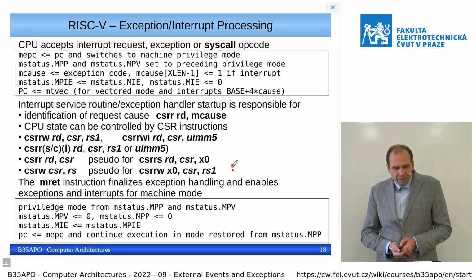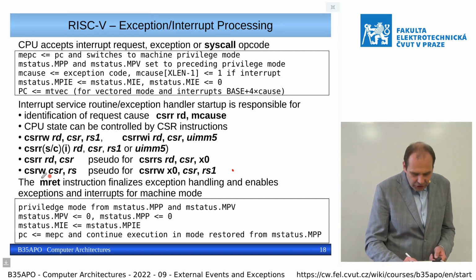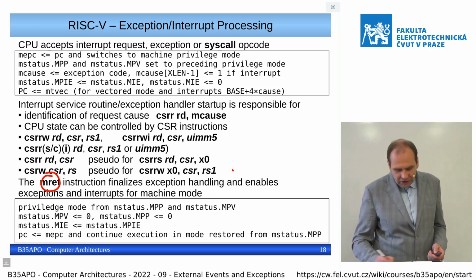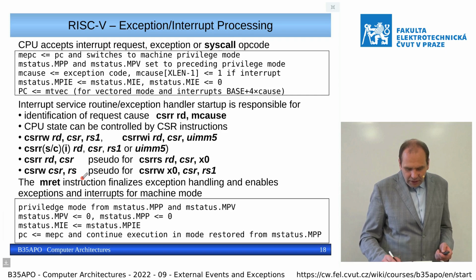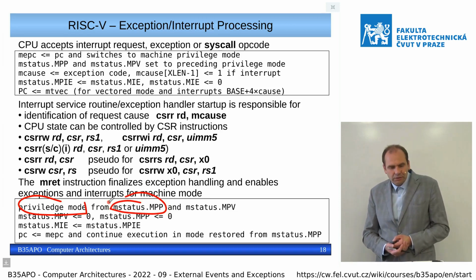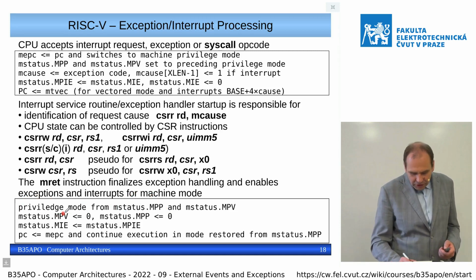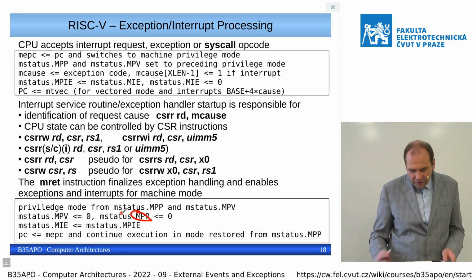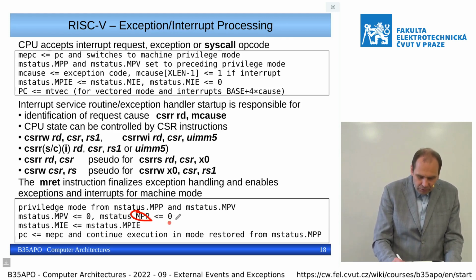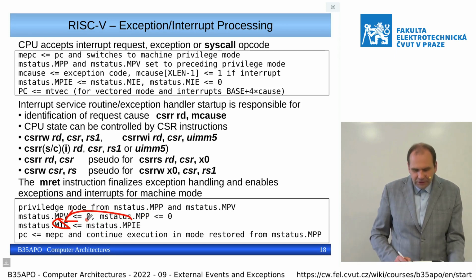Okay. And when we want to finish and return from the exception processing, then we can use the machine level return instruction, and it restores the privilege mode to the previous one which is stored in the machine status register, clears the machine status previous privilege field to 0, and sets the interrupt enable to the previous state of the interrupt enable.